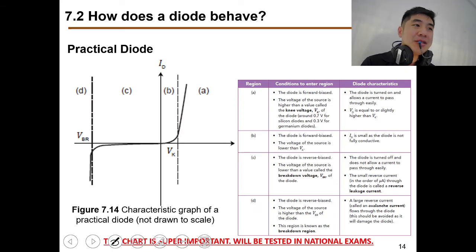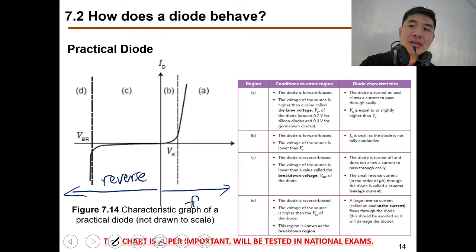This is the real practical diode. A practical diode basically has 4 working regions. This is the reverse bias, reverse is here, and this one is forward. This graph is ID versus the voltage across the diode.